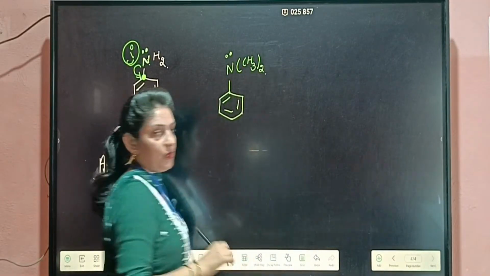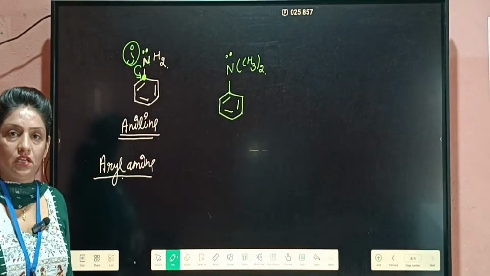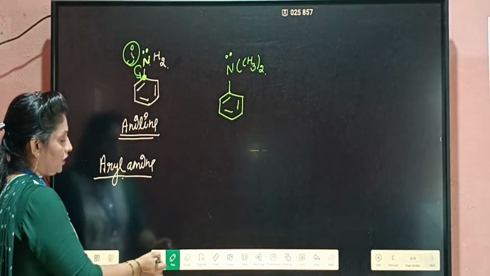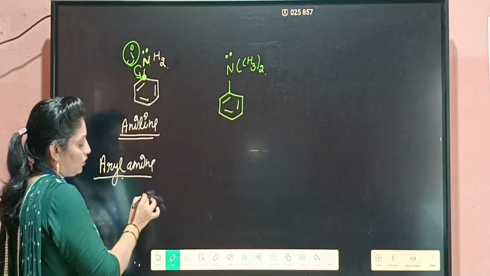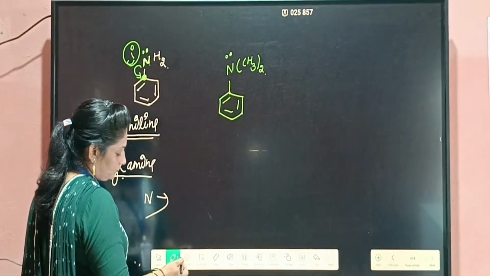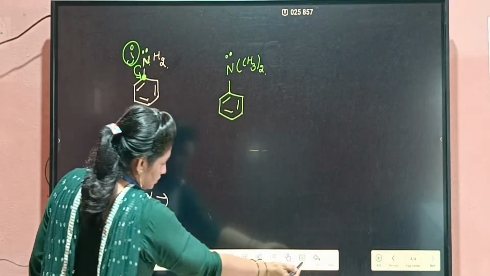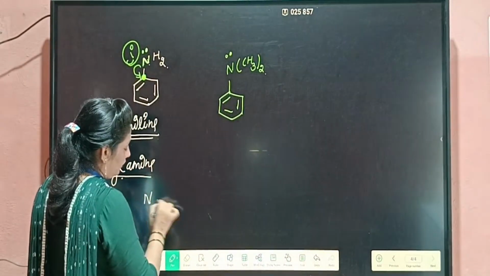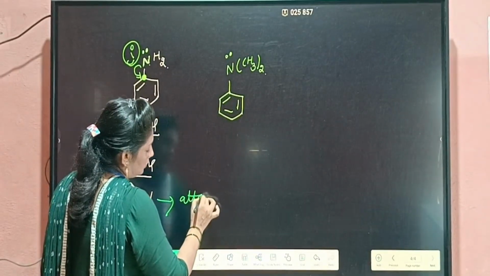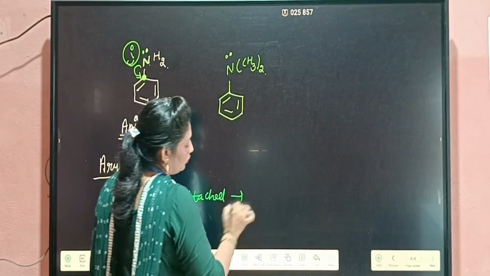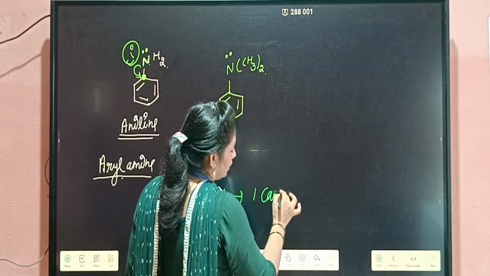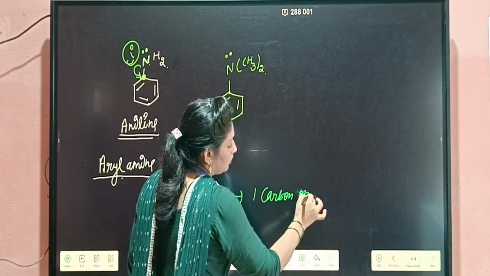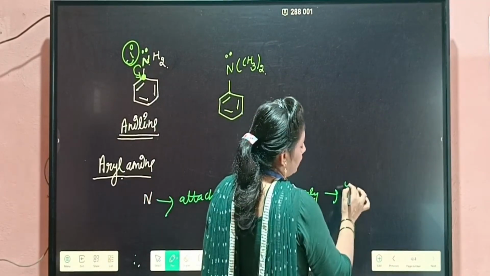Tell me, is it primary, secondary or tertiary? You will see the nitrogen. If nitrogen is attached with only one carbon, then it will be primary.